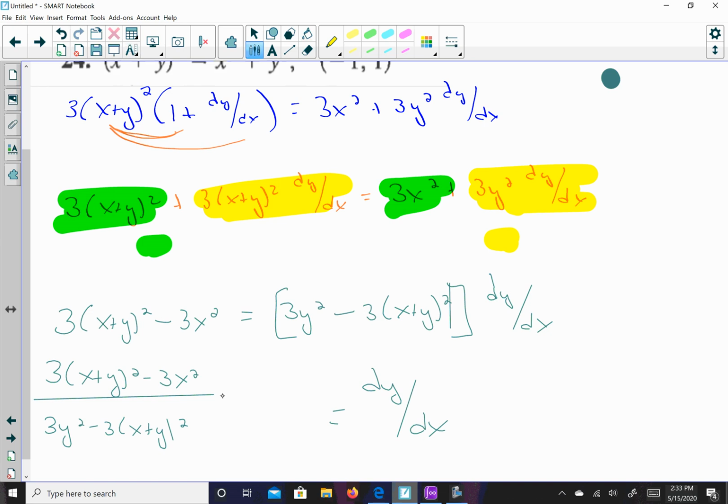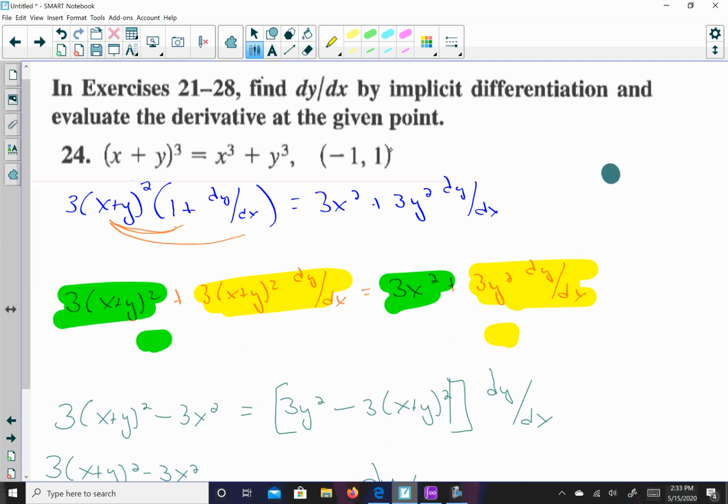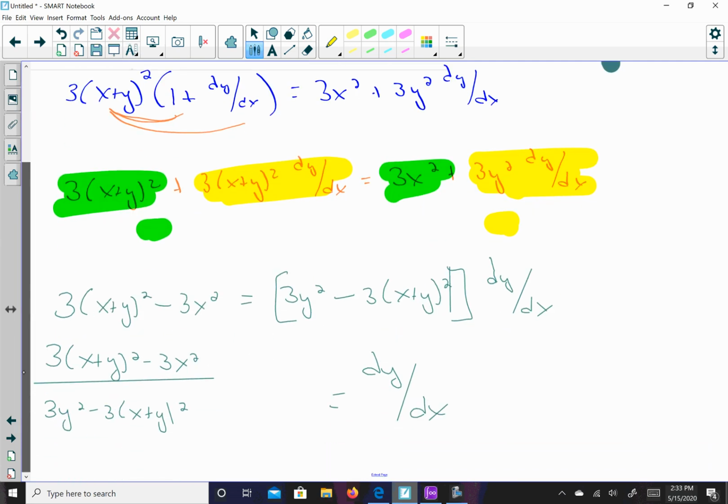So I've just divided. At this point, you could simplify it because the 3x squareds, like here when I square this, this will be 3x squared, and the 3x squareds will equal 0. I could do that. In fact, I did do that, but when I think about it, I want to find the derivative at this point, negative 1, 1. So at this point here, I can just substitute in what I know.